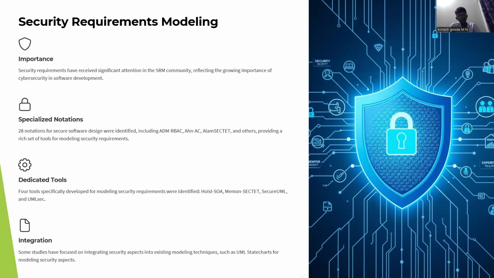And next, specialized notations. 28 notations for secure software design were identified, including ADM, RBAC, MAC, and others, providing a rich set of tools for modeling secure systems. And coming to the dedicated tools, that is, the four tools specifically developed for modeling security requirements were identified: ISL, SOA, Memon, SECTET, Secure UML, and UMLsec.